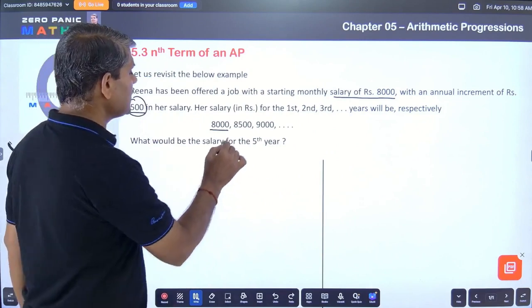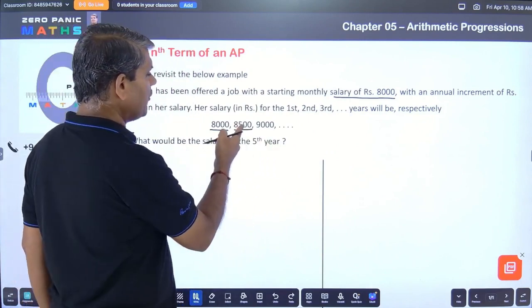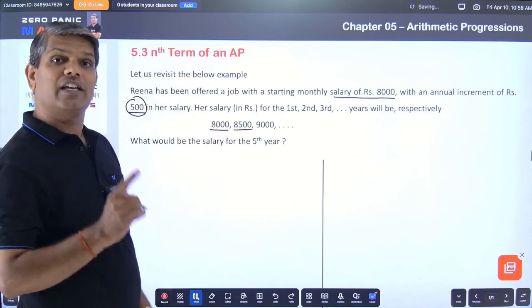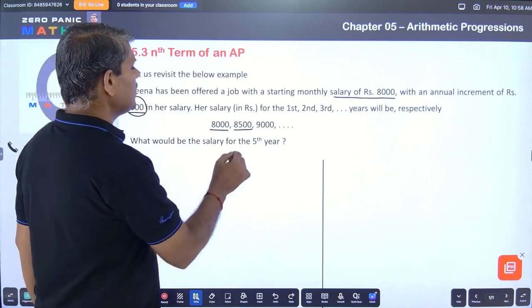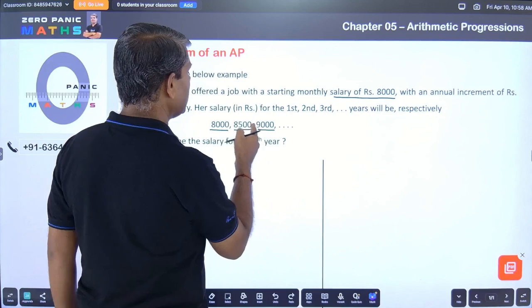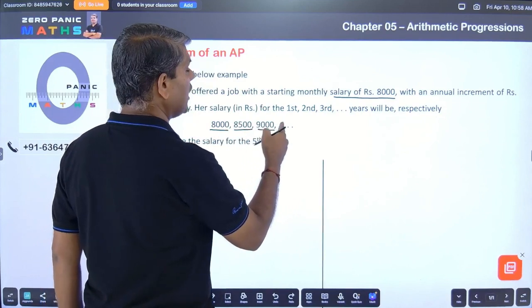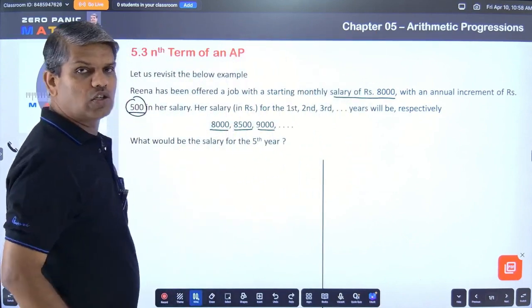So for the second year, 500 will be added to 8,000 and 8,500 will be her salary in the second year. Third year, obviously 500 will be added again to 8,500 and it will become 9,000, then 9,500, and it goes on continuing.